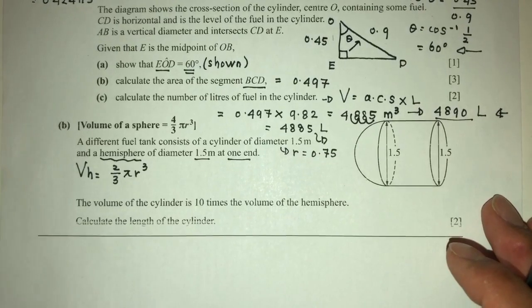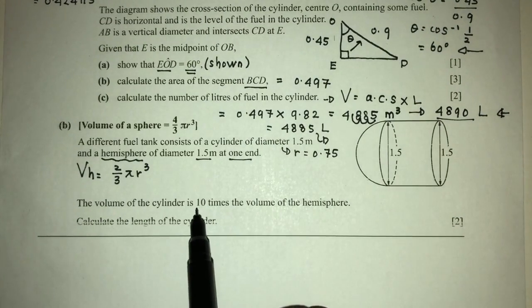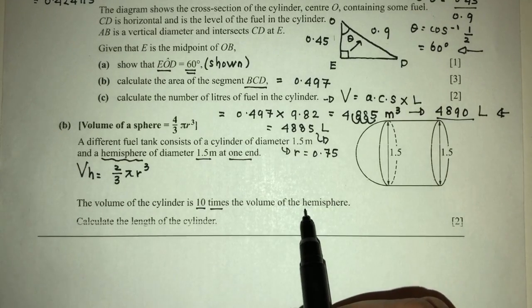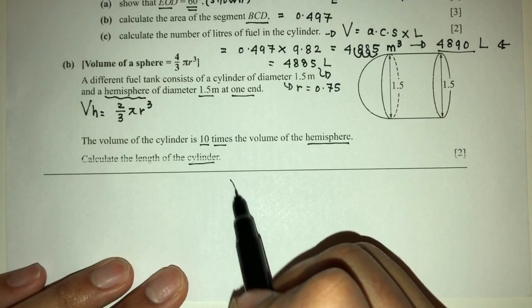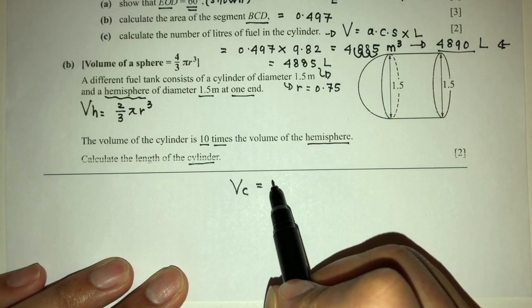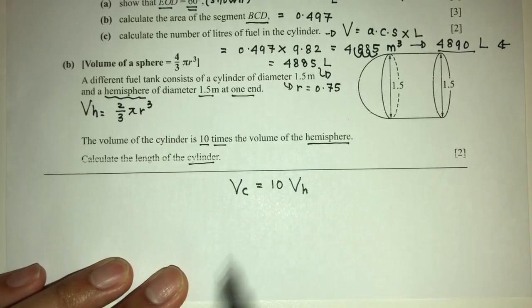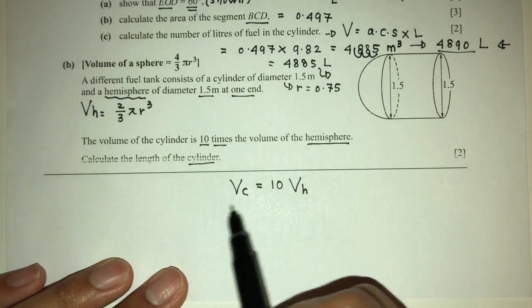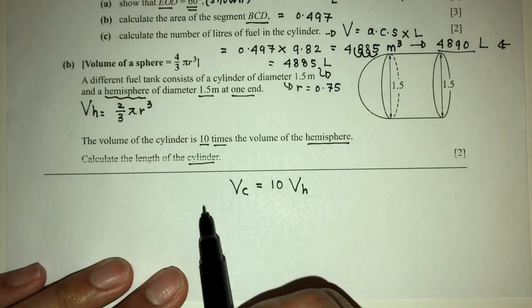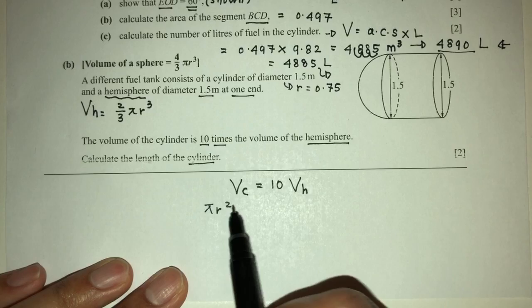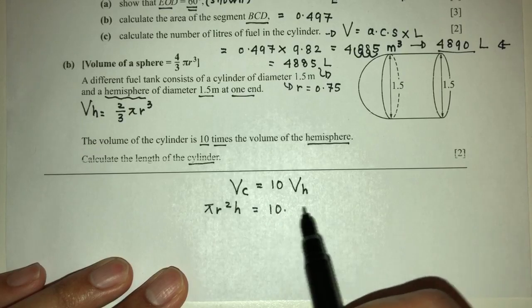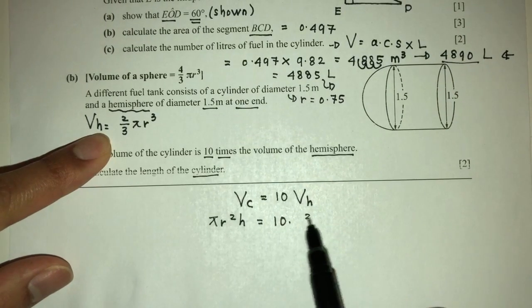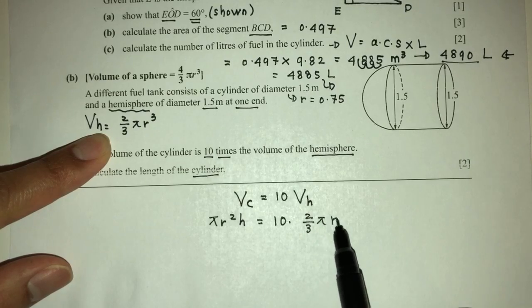Now let's move on. The volume of the cylinder is 10 times the volume of the hemisphere. Find the length of the cylinder. Let's write down the equation. The volume of a cylinder is pi r squared h, where h is the height or the length, same thing, and that equals 10 times the volume of the hemisphere, which is 2/3 pi r cubed.